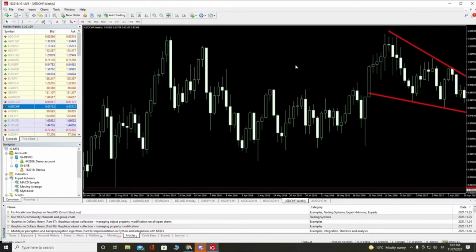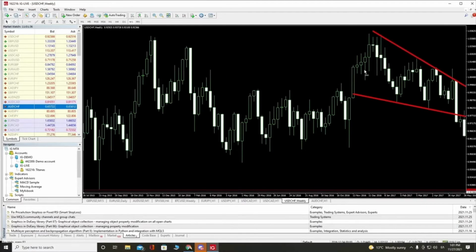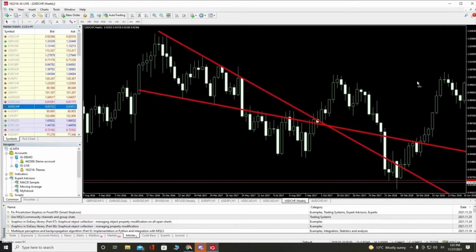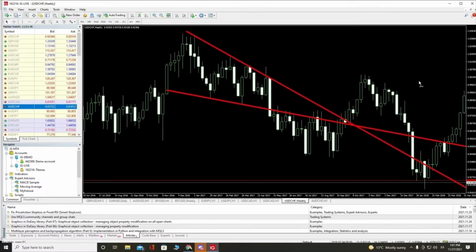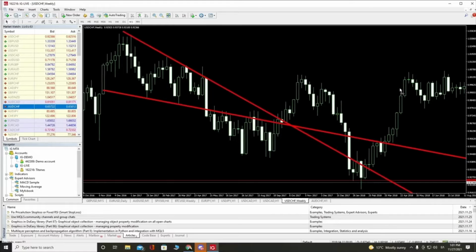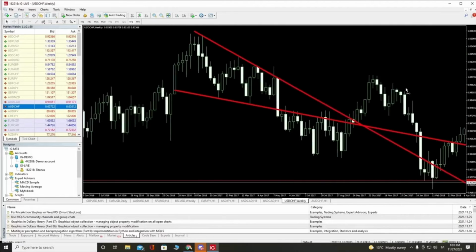Let's go on USD CHF. Now the same example. Someone might draw a line here at this point and be ready to go in a long position. And what happened next? Indeed, the prices break above, but look what happened next. It's undetermined if the prices will go up or down, because they are breaking in a very weird, strange and unfamiliar way, and eventually look how the prices shoot up.